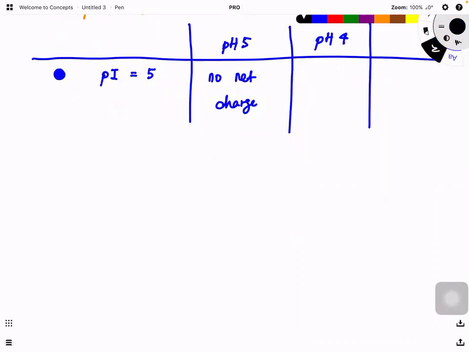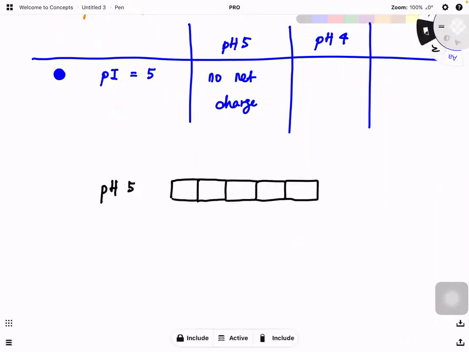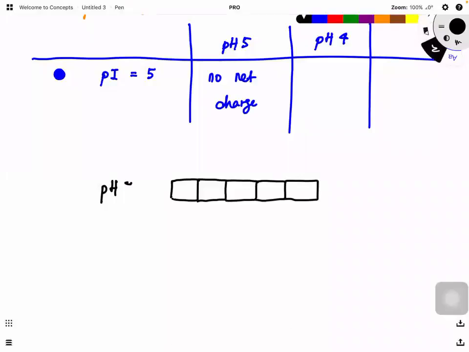So now, at pH equal to 5, okay, let me show you. I start at pH 7 first. Okay, better. pH 7. So at pH 7, look at this protein.